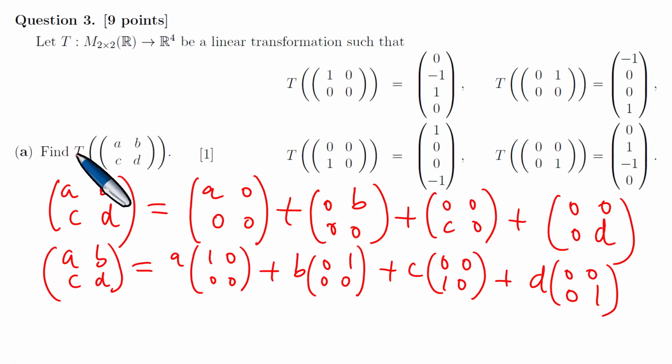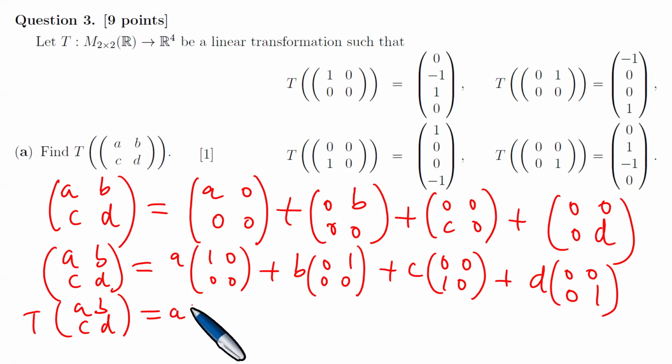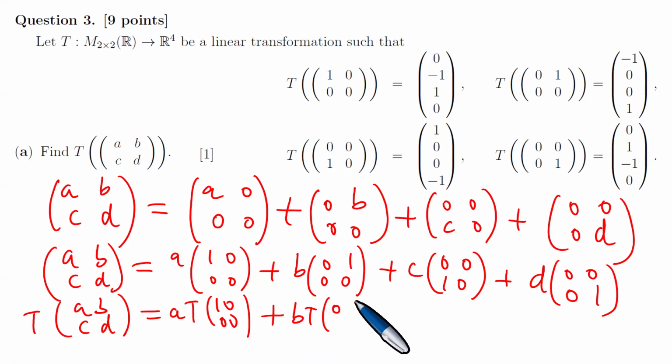Because we want to find the image of this, the image, which is T of A, B, C, D. Now, because A is a scalar, we take A, and this is a linear transformation, so it is such that the scalars go out of the map, like so. And we actually have C that goes out of the map, 0, 0, 1, 0.